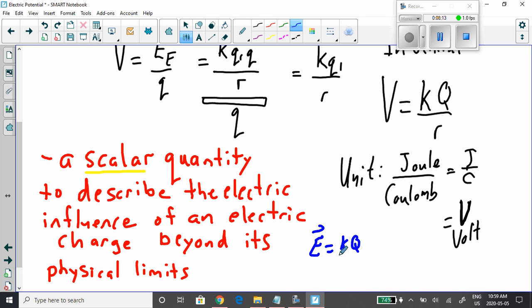KQ all over R squared, and there was a directional sense to this, and we used it to describe the electric influence of a charged object beyond its physical limits, and it was a vector way of doing this. Now we want to describe the electrical influence of a charged particle beyond its physical limits, but we want to do it in a scalar way. That's really why this is used.